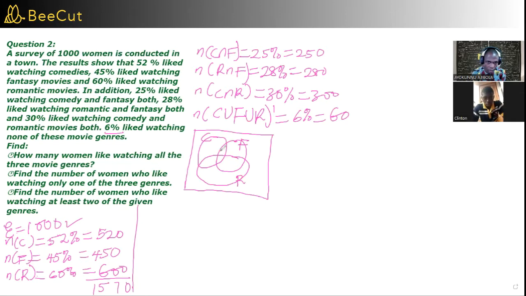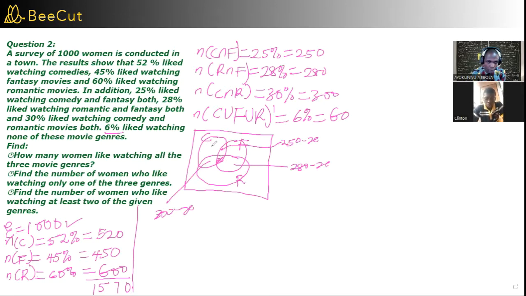The region that consists of the three of them, we can call X. To get the region for comedy and fantasy, that will be 250 minus X. For comedy and romantic, it's 300 minus X. And for fantasy and romantic, 280 minus X.